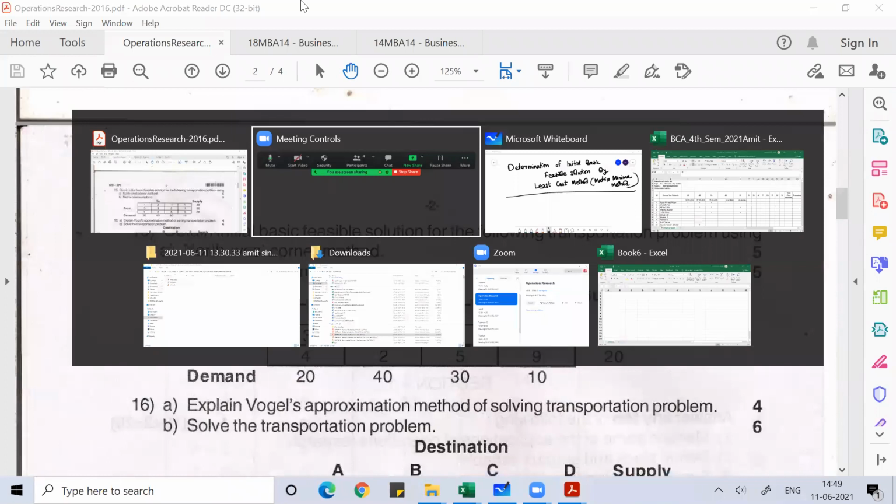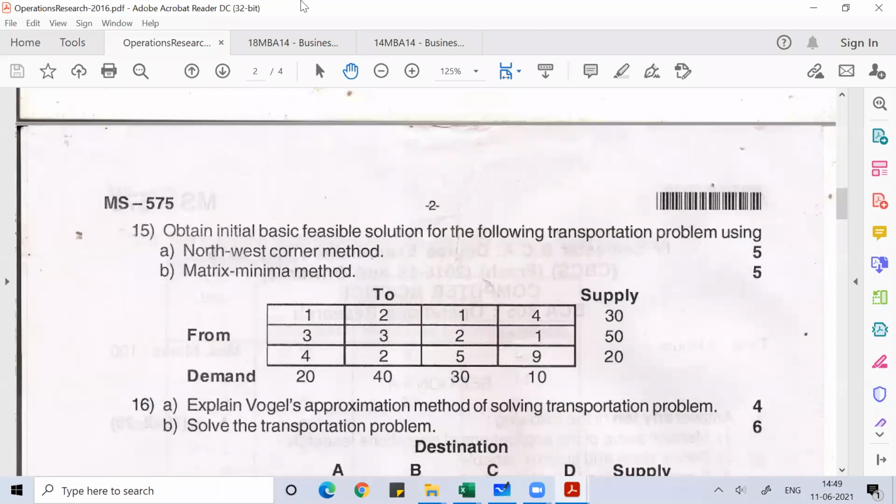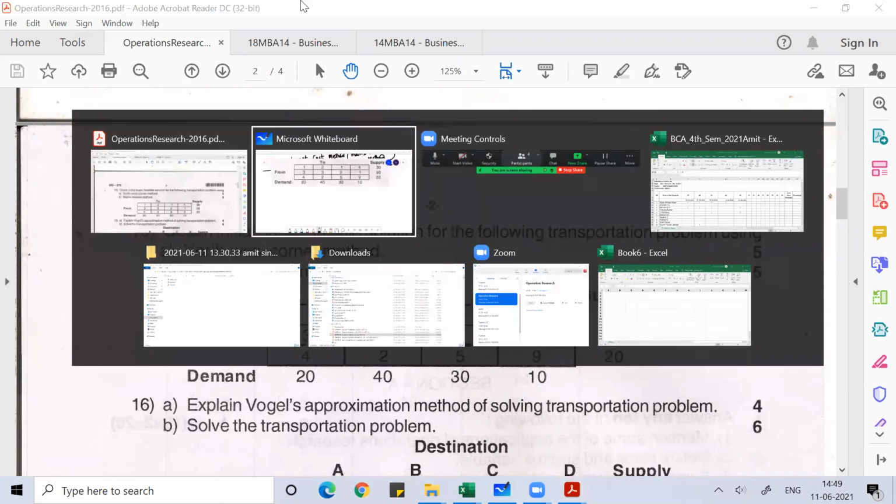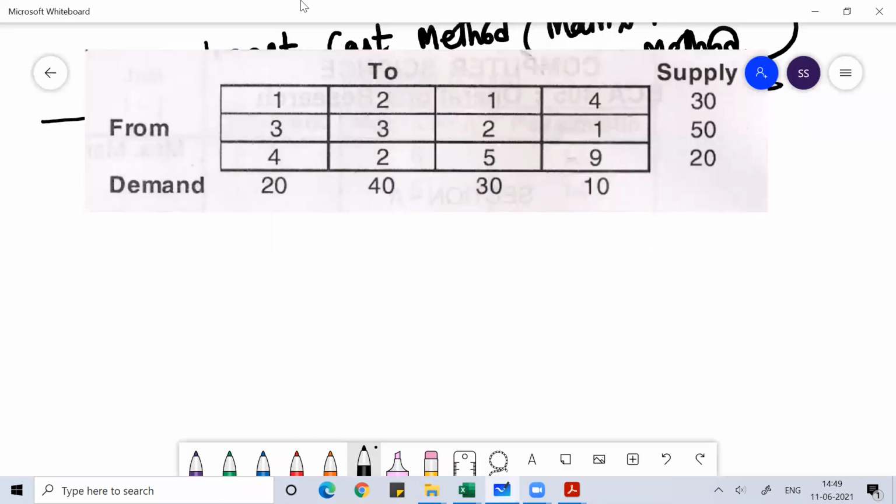Understand that the matrix elements given should be cost elements, and the total sum of demand should be equal to the total sum of supply. So be sure about that part. Here, total demand is 20 plus 40 plus 30 plus 10, so the total sum of supply is 100 and the total sum of demand is 100.